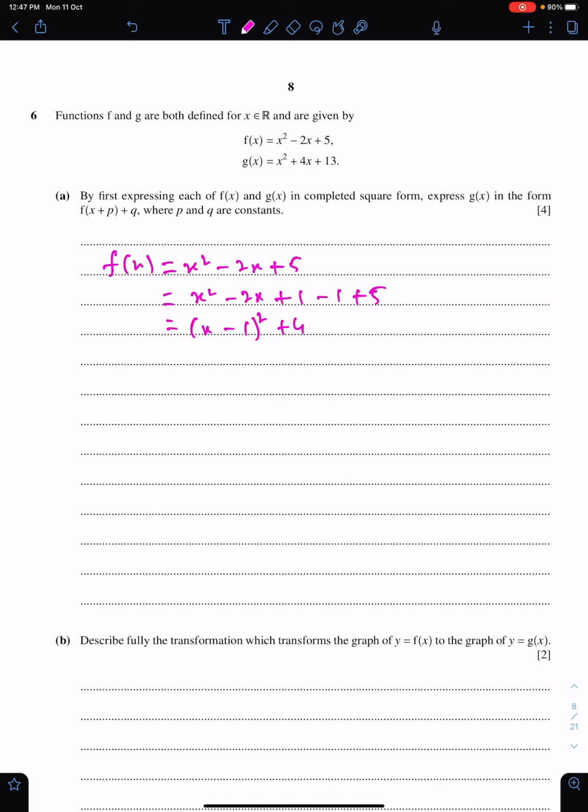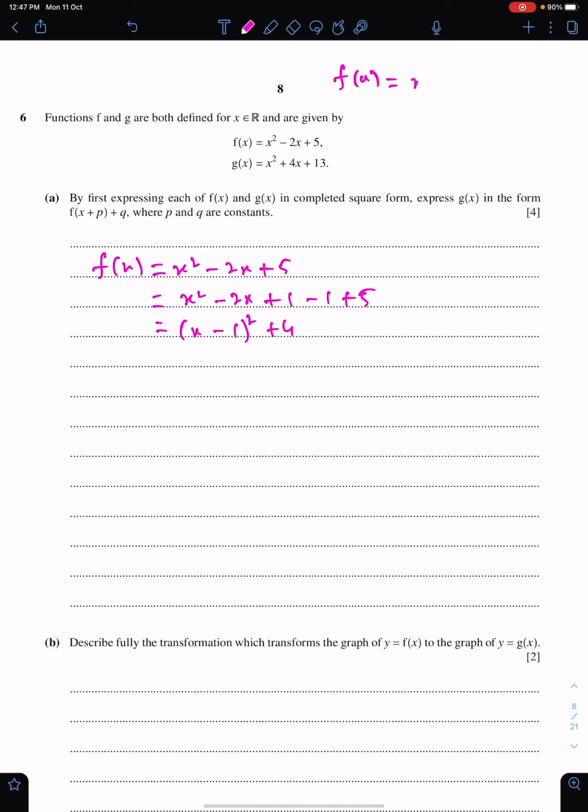But those who do not know this method should use the comparing the coefficient method instead. f of x, x square minus 2x plus 5, equals a x plus b whole square plus c. This is the comparing the coefficient method.